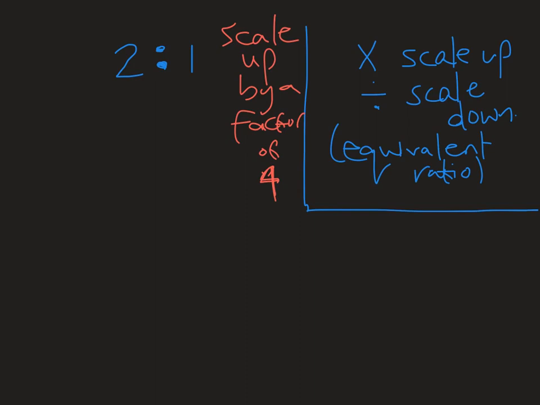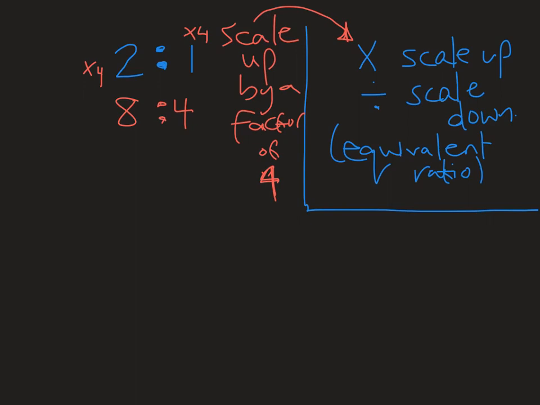So all that basically means is we're going to proportionately increase this ratio, 2 to 1, by a factor of 4. So if we're scaling it up, remember that we've got to go back to that and say, I'm just going to multiply in order to scale it up because I want to make it bigger. So we are going to proportionately multiply by 4, but because it's a proportion, whatever you do to the left, you do to the right. So 2 times 4 is 8, 4 times 1 is 4.